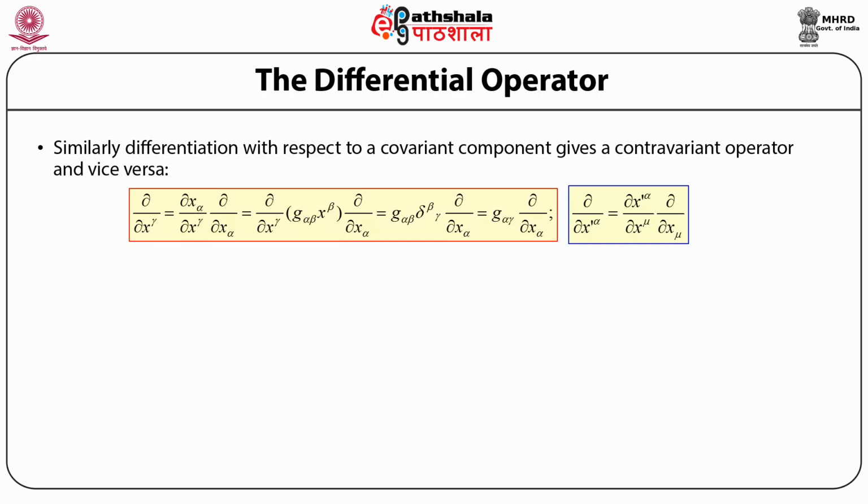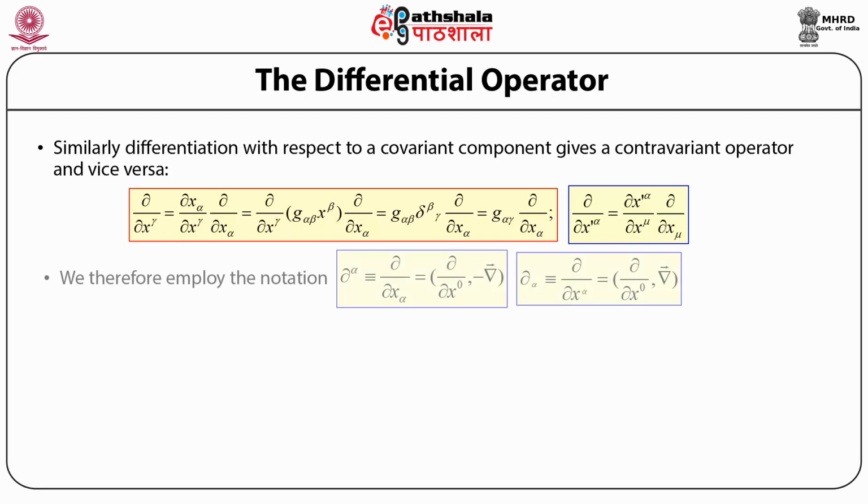So from this we can write that del by del x prime superscript alpha is equal to del x prime superscript alpha by del x superscript mu times del by del x subscript mu. So we can therefore use the notation del superscript alpha equivalent to del by del x subscript alpha, and this is equal to del by del x superscript 0 and minus del operator vector.